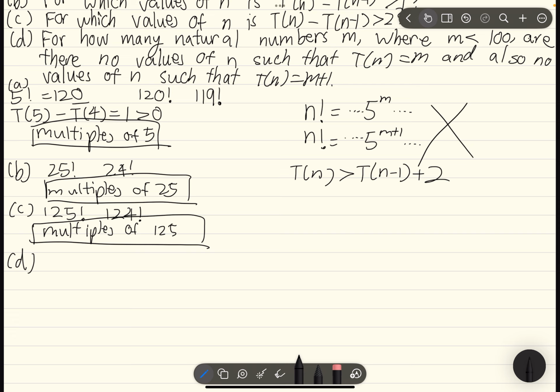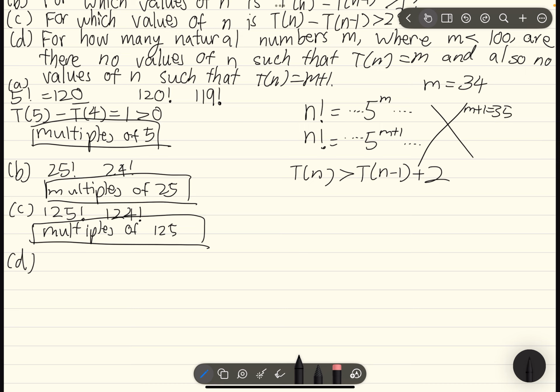Essentially because, for example, let's say m was 34 or something, like this is a random number, right? Let's say m is 34 and m plus 1 would be 35 then. And you want to have no such number n such that n factorial has 34 terminal zeros and no n factorial has 35 terminal zeros.